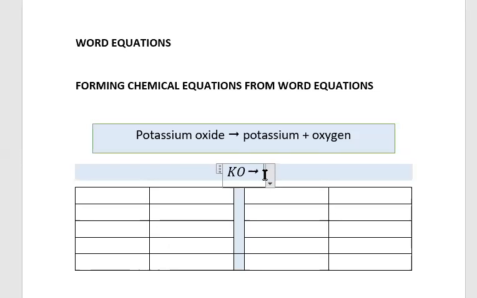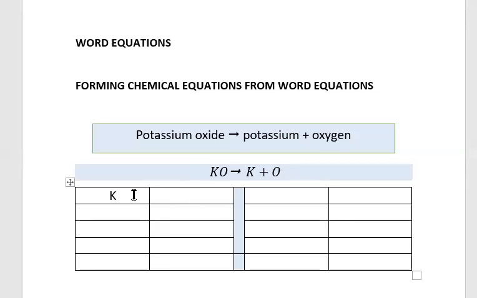So we break potassium oxide, and then can you tell me the rest of the chemical equation? It says potassium plus oxygen. And I want all of you to try and answer. It shouldn't only be Christopher answering. So it's K plus O. Now let's see if this is a balanced chemical equation. We use the same system that we did before.